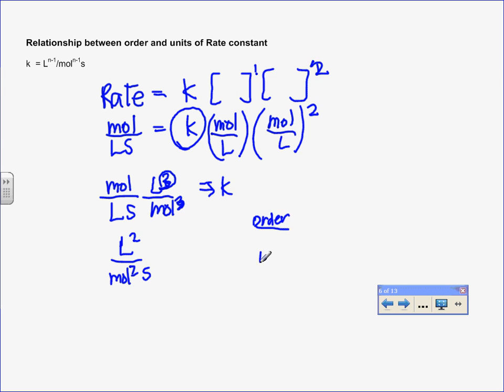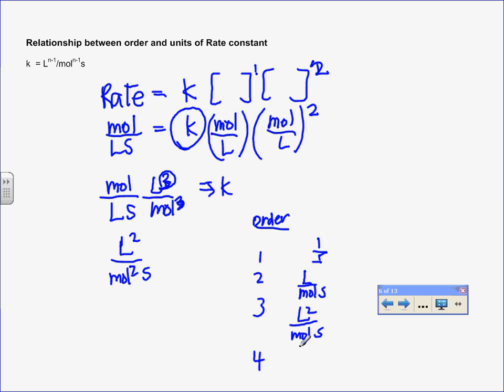If you've got a first order, second order, third order, you could work out the units for each one. The units for a first order reaction are 1 over s. For a second order reaction, the units are liters per mole second. For a third order reaction, liters squared per mole squared per second.